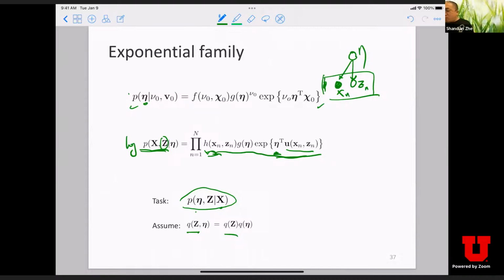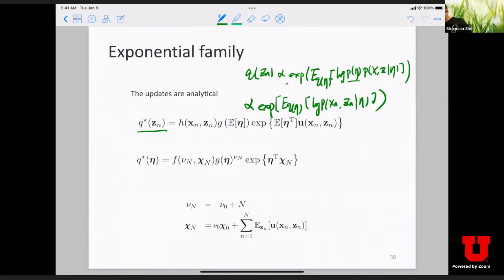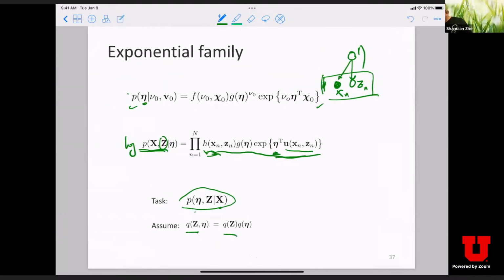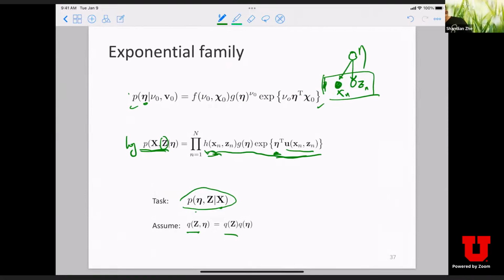The remaining thing is pretty straightforward. If we take a logarithm, g of eta is constant with respect to Z n, so you just throw it out. Taking the logarithm of the remaining part gives log h of x n and z n, which is constant with respect to eta, plus log g of eta, plus the log of the exponential cancels, leaving eta transpose u of x n and z n.